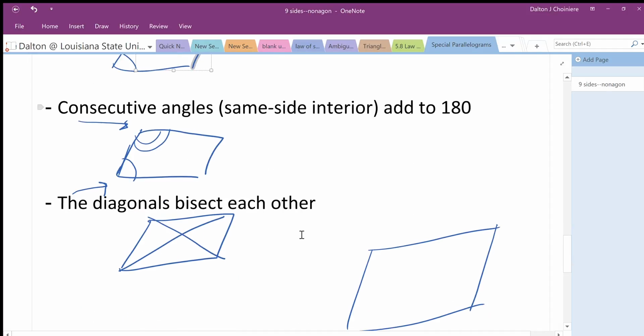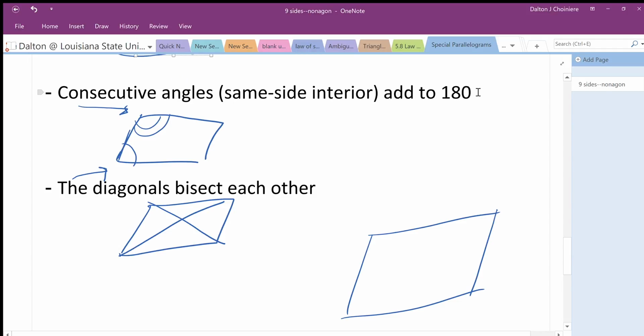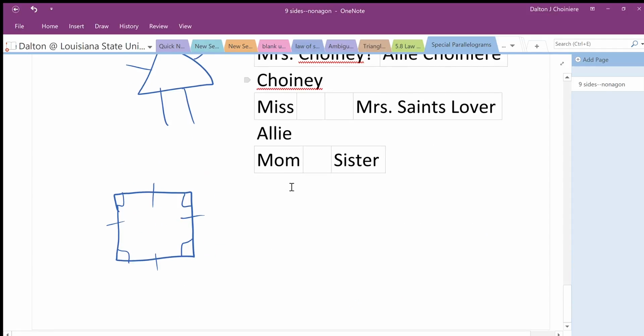What about consecutive angles? The same side angles, do they add to 180? Yeah, because in a square, your two top angles or your two side angles, 90 plus 90 is 180. And then we don't really look at this one much, but if I drew the diagonals, would they cut each other in half? Yeah, they would. And even though my picture's not pretty, they would.